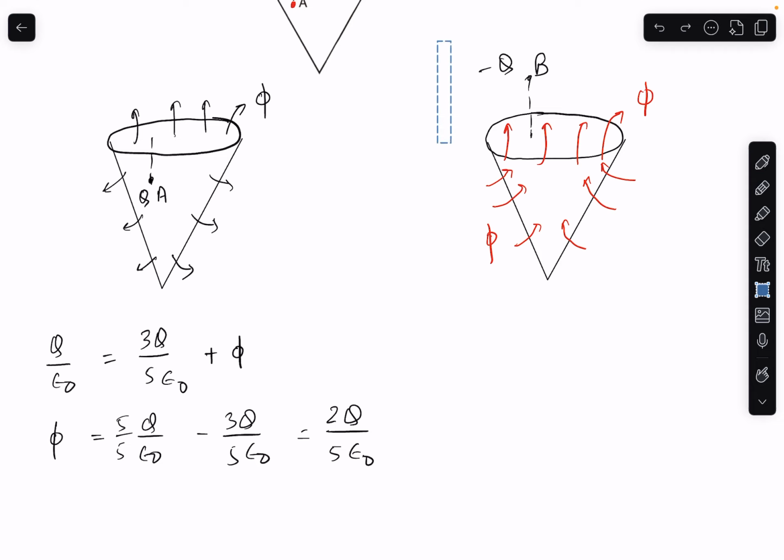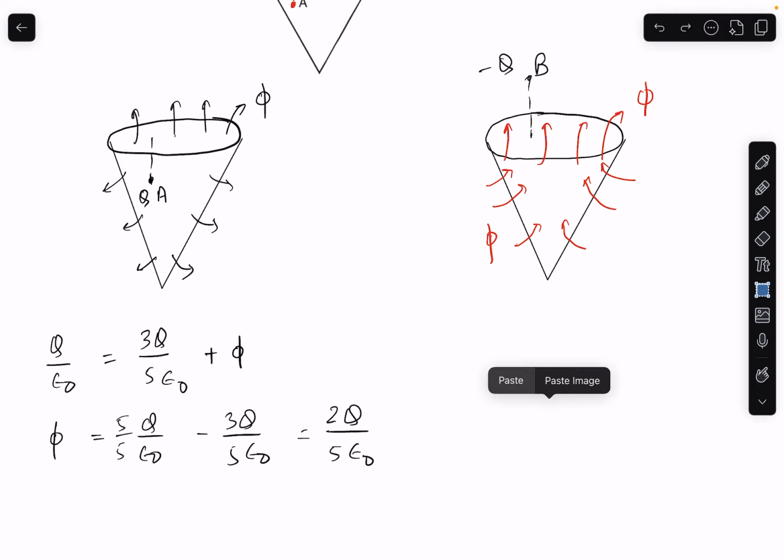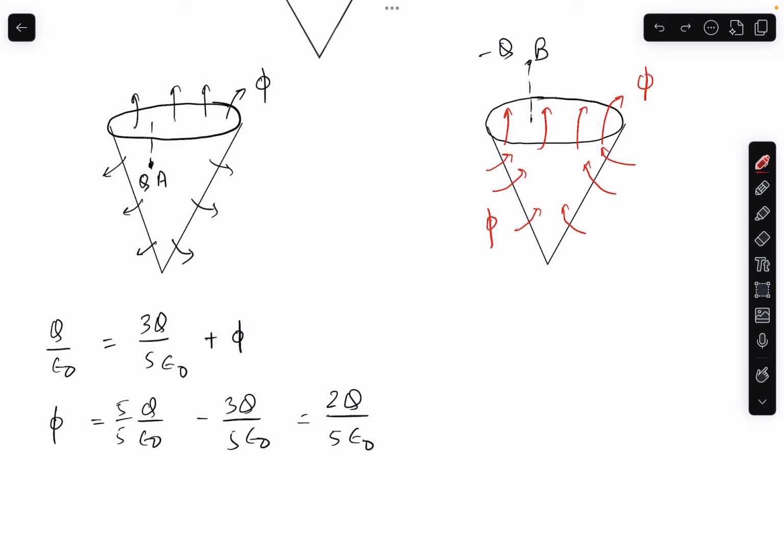let us draw another diagram. So if A and B both are present, the charge is minus q at B, and at A the charge q is also present. Now we are interested in the inclined surface.